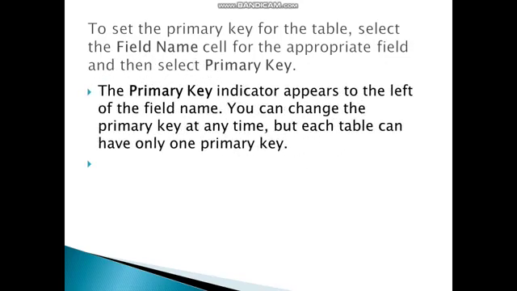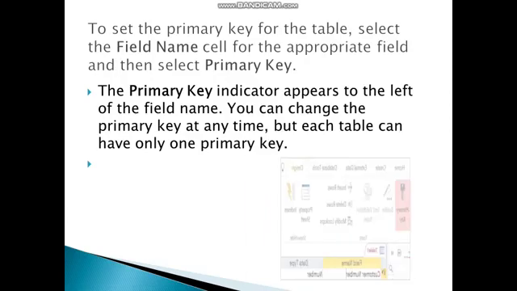The primary key indicator appears to the left side of the field name. You can change the primary key at any time, but each table can have only one primary key. That is the important point. You can change the primary key anytime, but a table can have only one primary key.